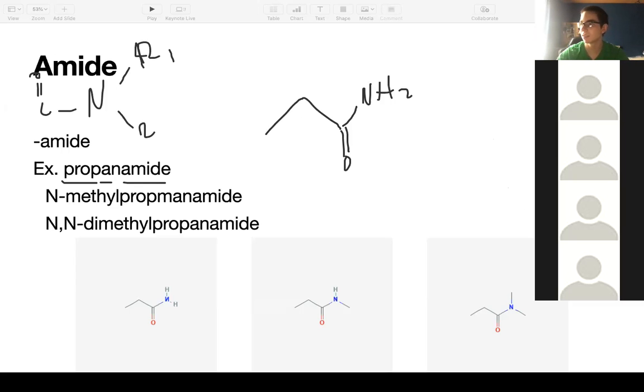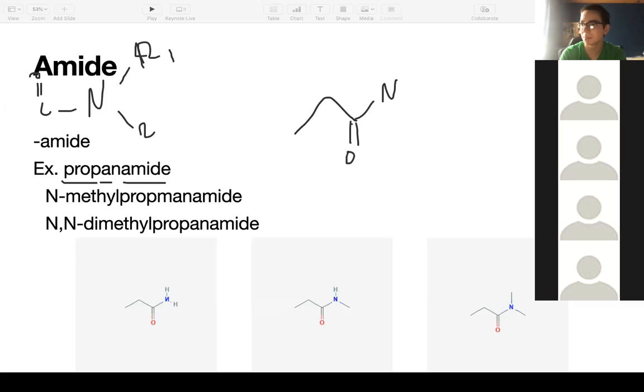So let's look at this second one, N-methylpropanamide. We can tell that prop is three carbons, and amide means there's an amide group, a nitrogen right there. And we also see that there's N-methyl.